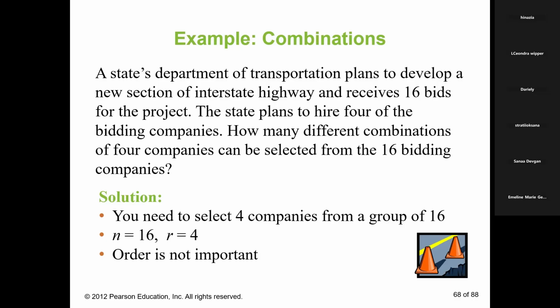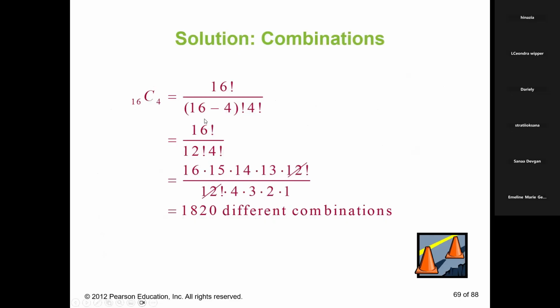Okay, so that's 16C4. n is 16, r is 4. 16 minus 4 times 4 factorial. 16 minus 4 is 12.